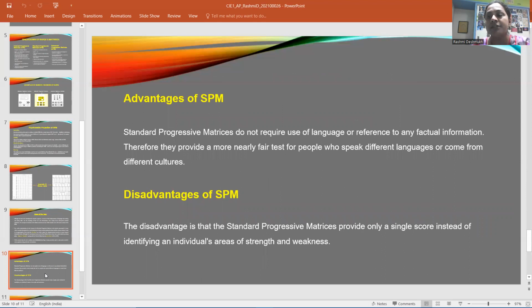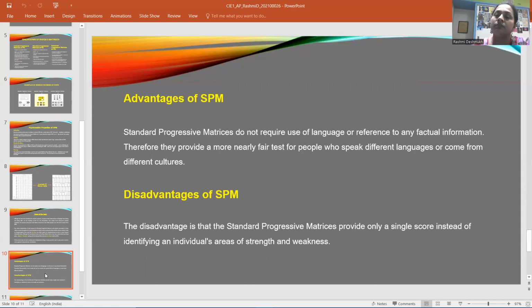As I already said, SPM has been widely used throughout the world for a long time because it has some advantages. One of the major advantages of this test is that it does not require the use of language or reference to any factual information. Therefore, it provides a nearly fair test for people who speak different languages or come from different cultural backgrounds.